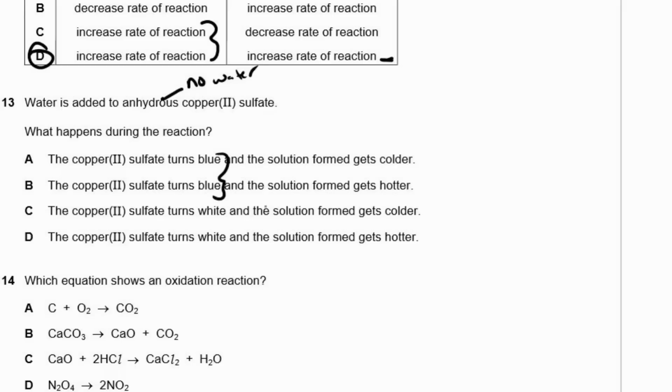And does the solution get warmer or cooler? This reaction gets warmer. So the answer is B. The reason is that it's a reaction with the salt reacting with the water, and that is an exothermic reaction.